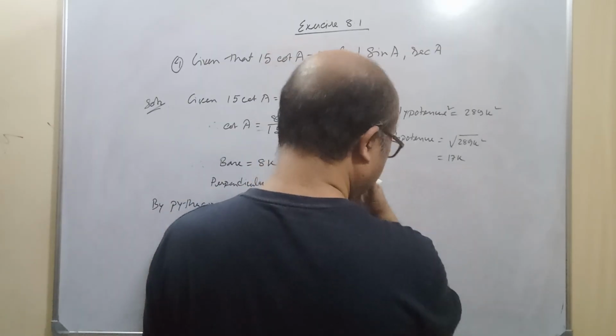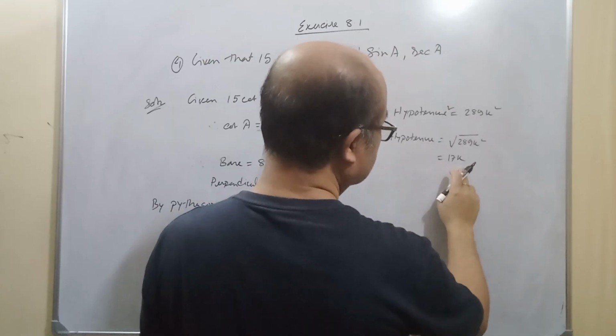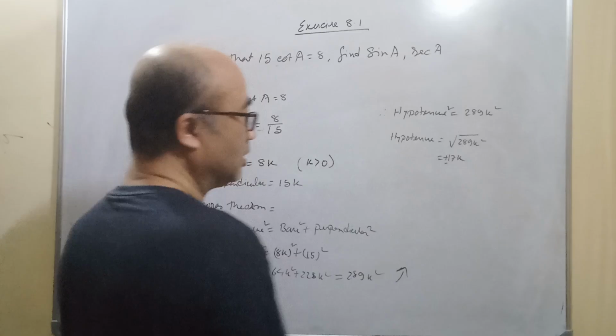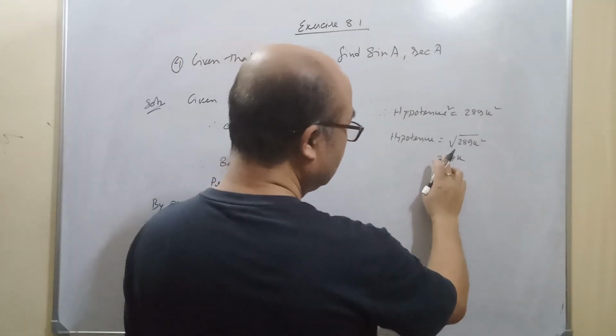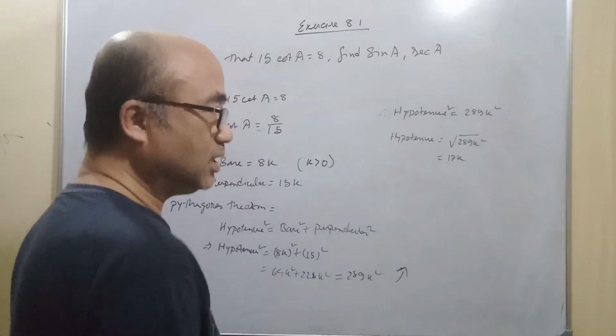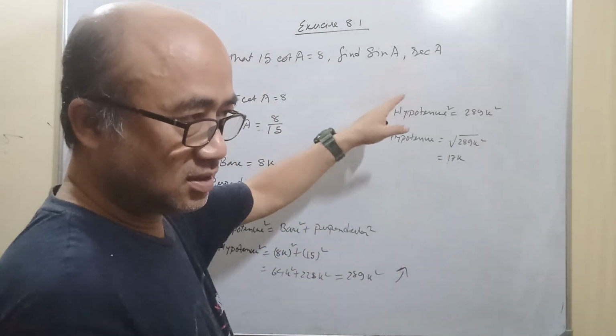Hypotenuse is plus minus 17k actually, but we reject the negative value because hypotenuse is the length of the right angle triangle.